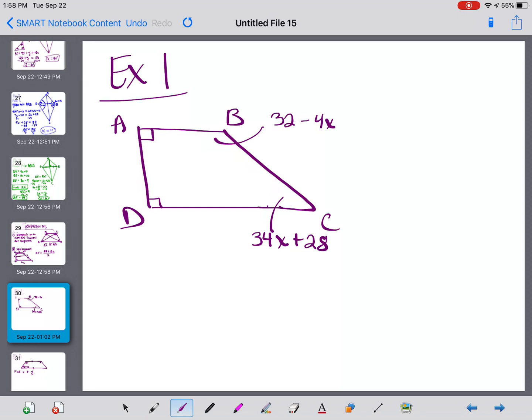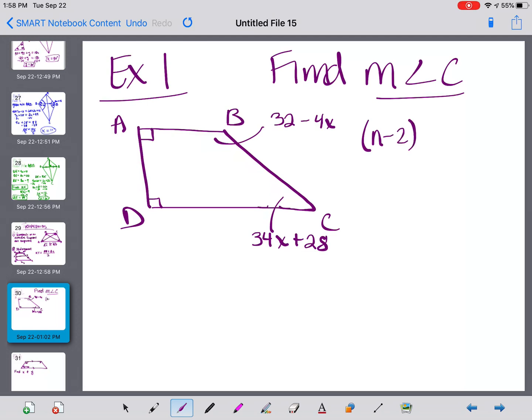Okay, example 1. We want to find the measure of angle C. A trapezoid is a four-sided figure. If you remember our formula, n minus 2 times 180, four minus 2 times 180 gives us 2 times 180.